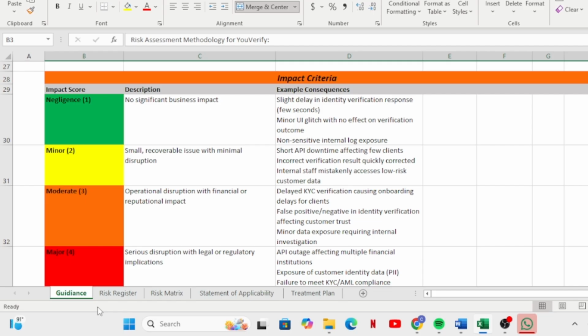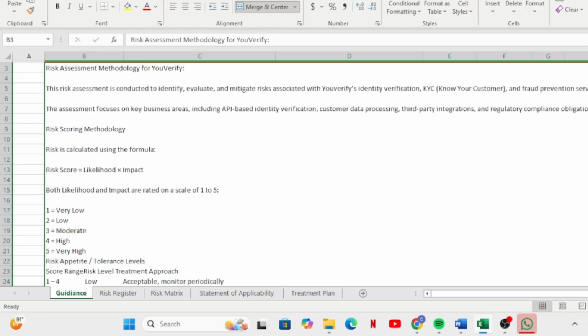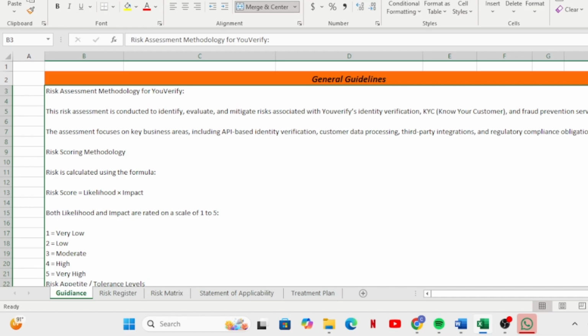This sheet contains the risk assessment methodology, likelihood scale, impact scale, and risk appetite used throughout the assessment. Here we go, the general guidance and risk assessment methodology for Youverify.